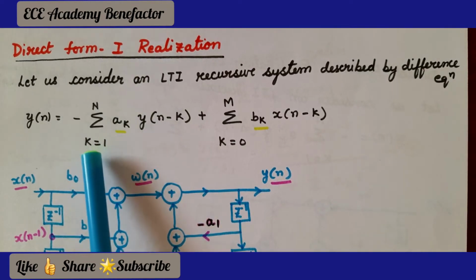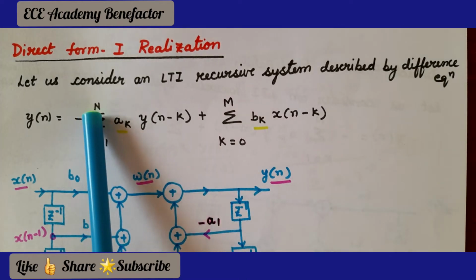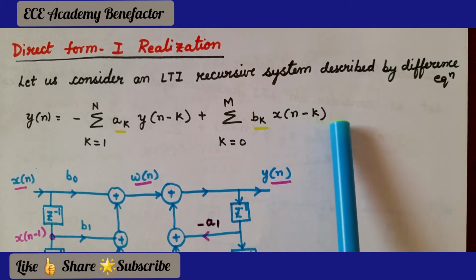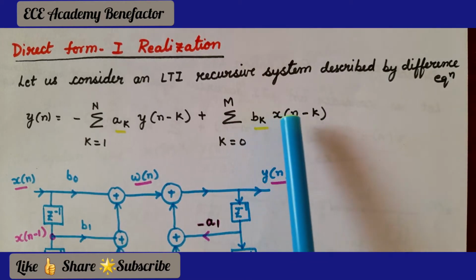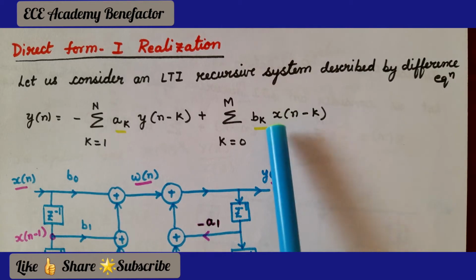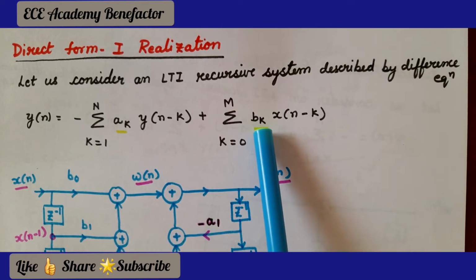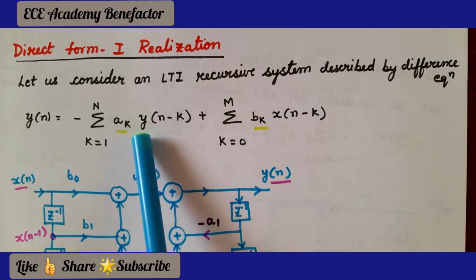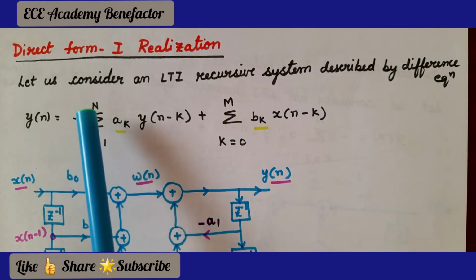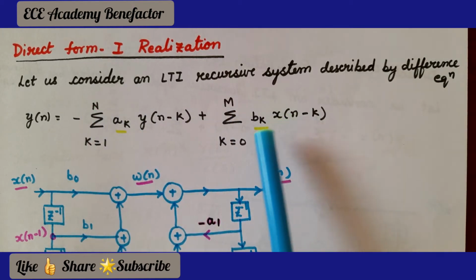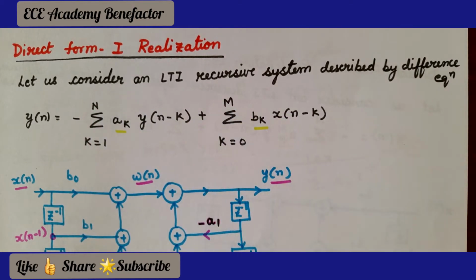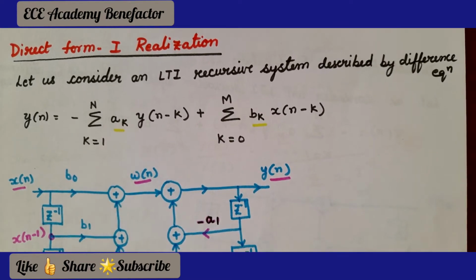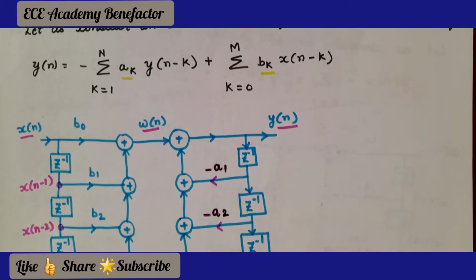This k is ranging from 1 to capital N, plus summation bk x of n minus k, where bk is a coefficient of the input variable. For y the coefficient index is varying from 1 to capital N. For input it is varying from 0 to capital M. This is a general LTI recursive system expressed in a difference equation form.